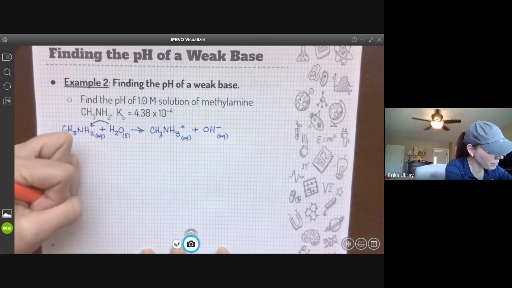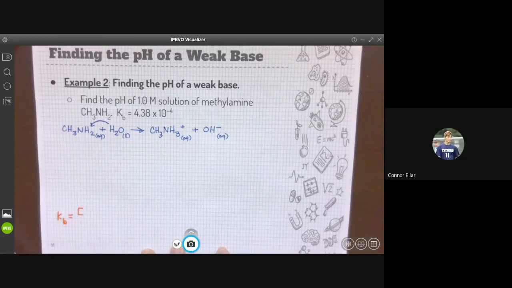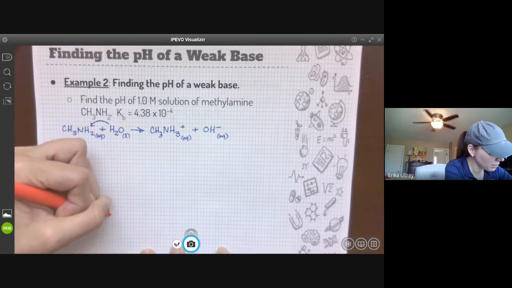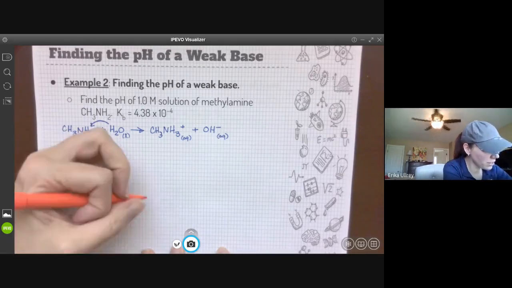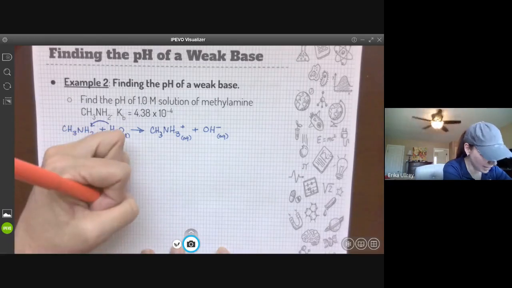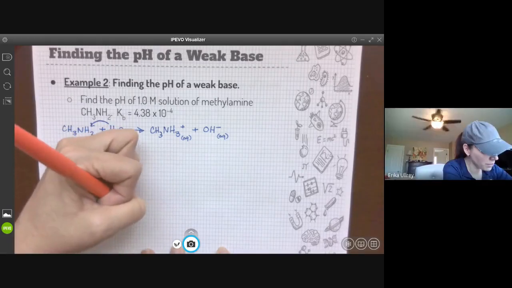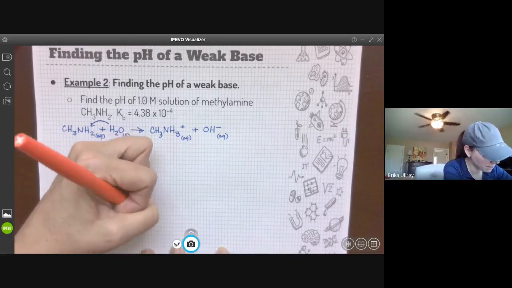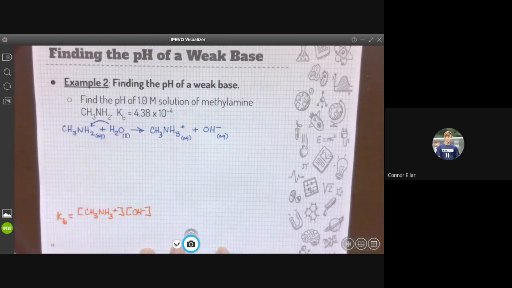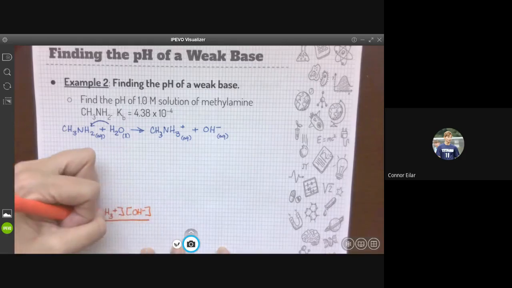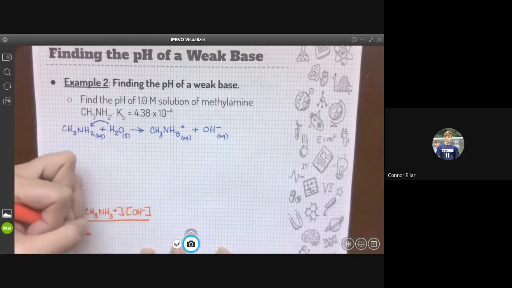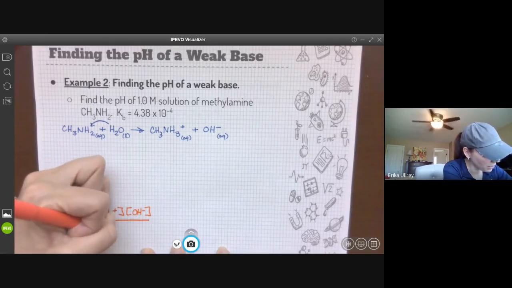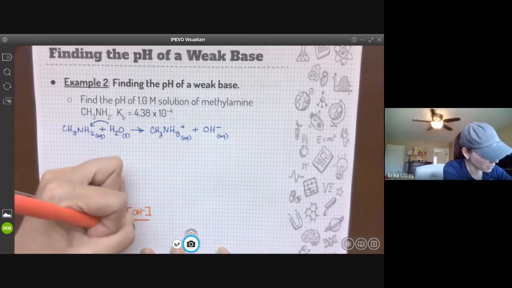The concentration of CH3NH3, don't forget the charge, that's positive, times the concentration of OH negative. Yep. And then it's over the concentration of CH3NH2. Yeah, we're good to go.